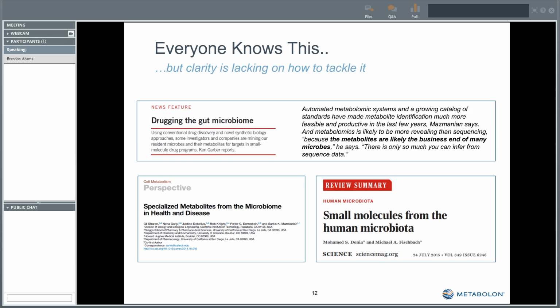However, despite the great interest in metabolomics, many microbiome researchers seem uncertain about the quality that a metabolomics technology needs to possess in order to illuminate the functional aspects of host and microbiota interaction.